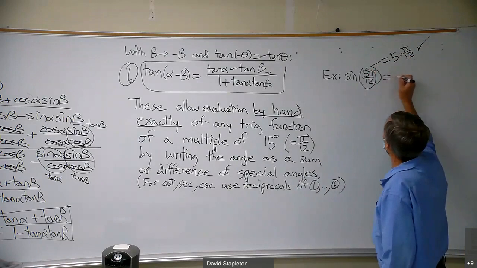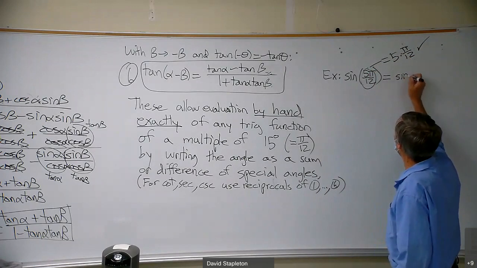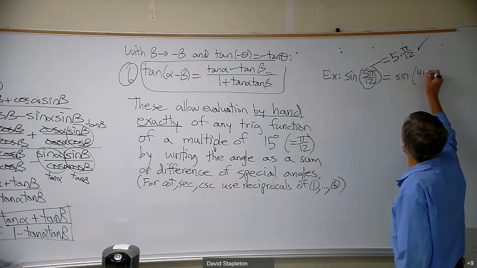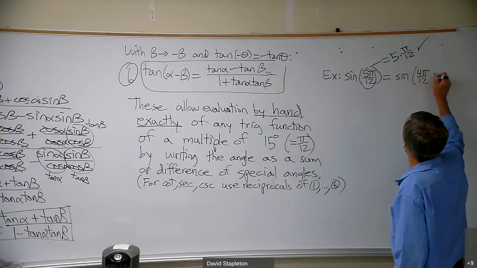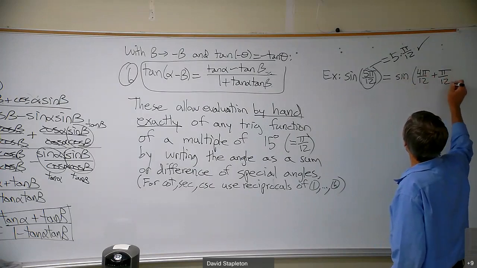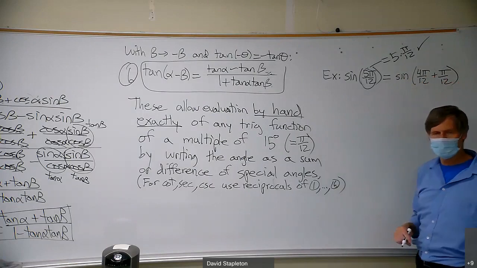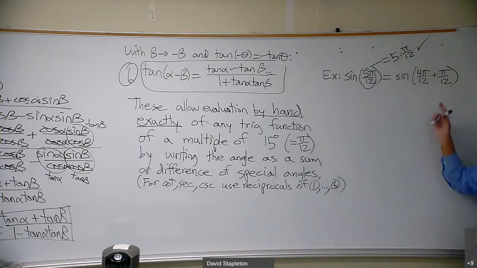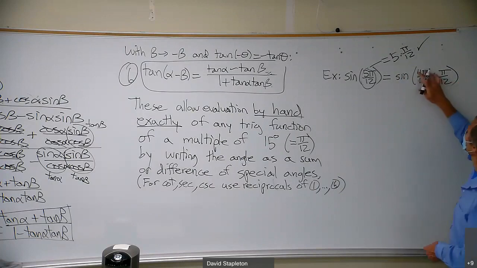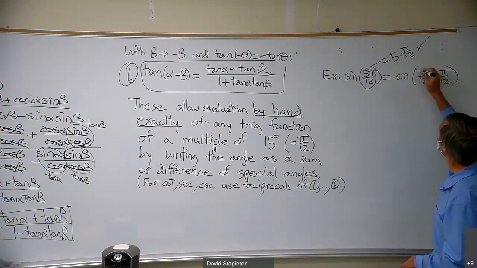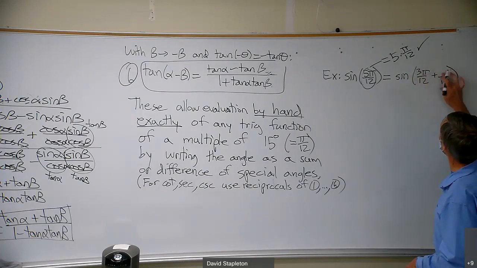What I do is I rewrite this as sine. Well, I could put 4 pi over 12 and pi over 12, right? That won't help me. Why not? Pi over 12 is not a special angle. Special angles are multiples of pi over 6 and pi over 4. That won't work. Well, let's try something else: 3 pi over 12 and 2 pi over 12. That makes 5 pi over 12.